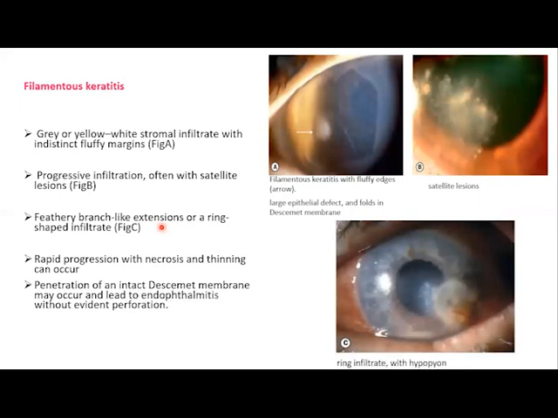So it is easy to differentiate between a fungal and bacterial ulcer, and you should be able to diagnose if you remember these features.